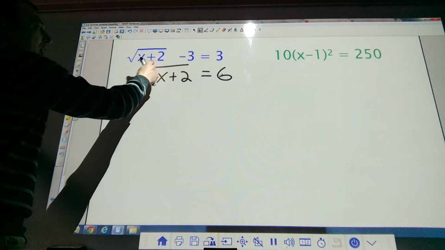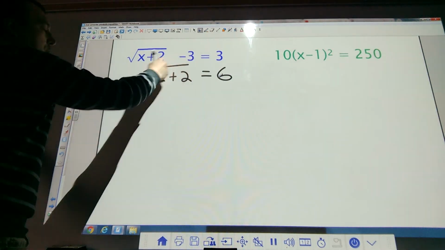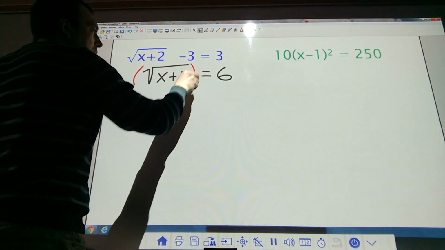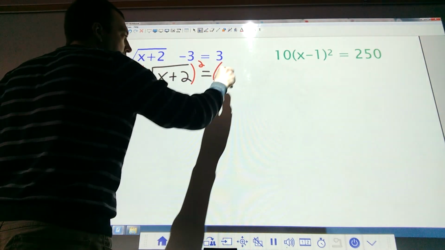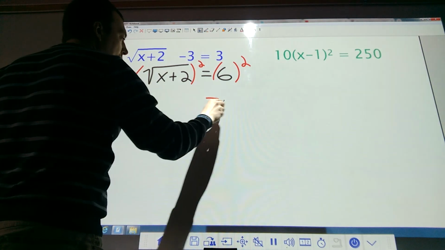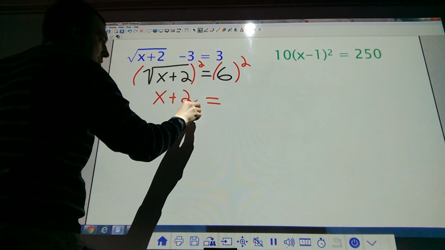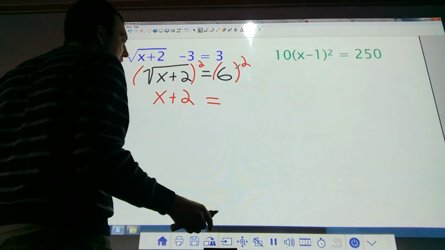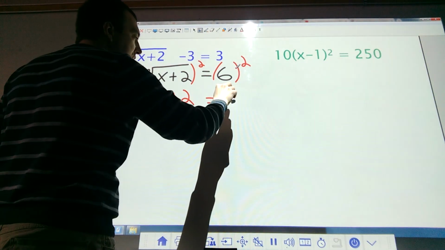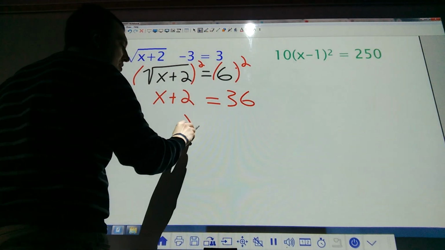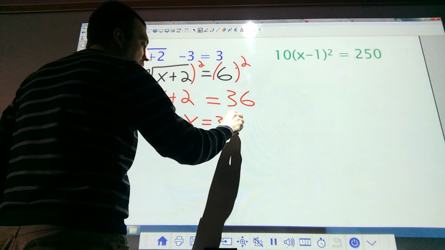Now we want to undo the square root. We want to get rid of the square root. To do that, we square both sides. These cancel, and I'm left with x plus 2, and 6 squared is not 12. 6 squared is 36. Subtract 2 from both sides, and x equals 34.